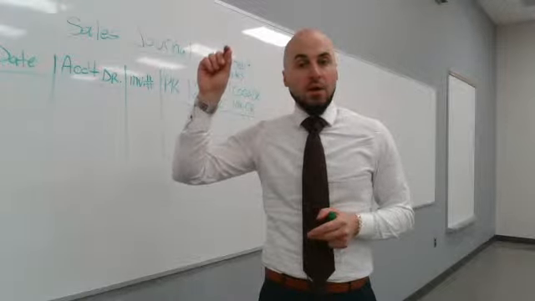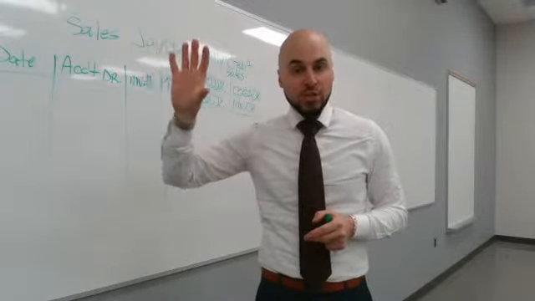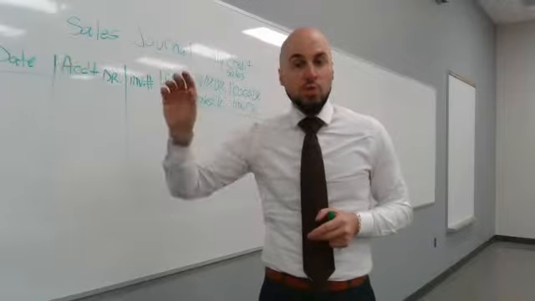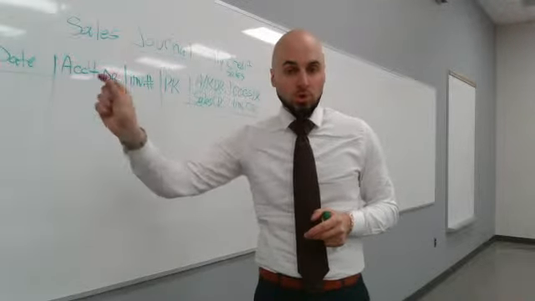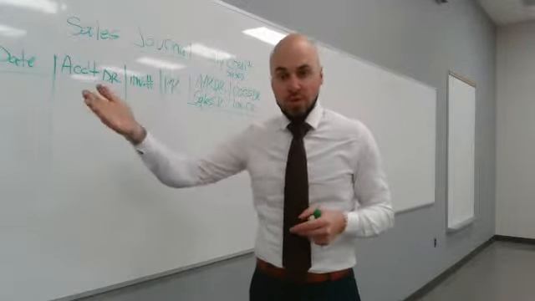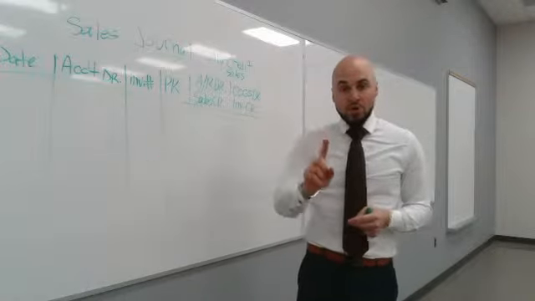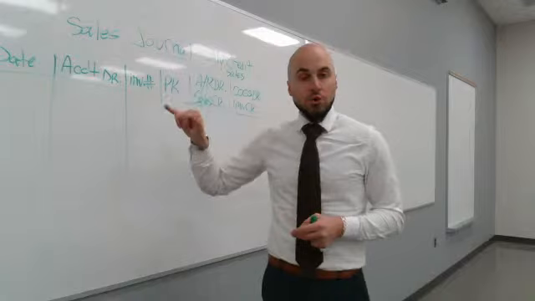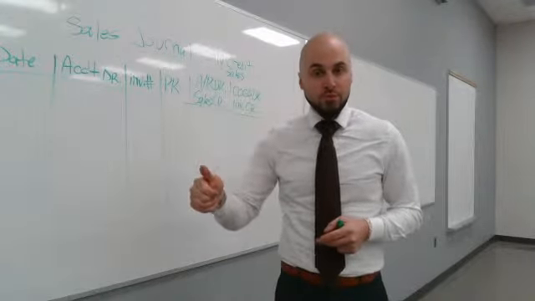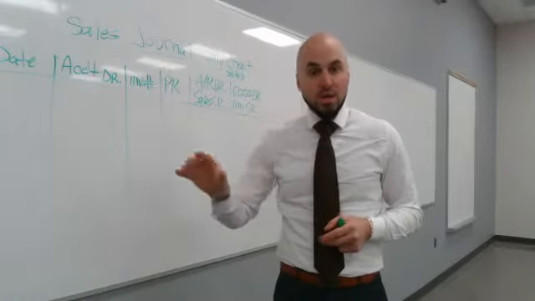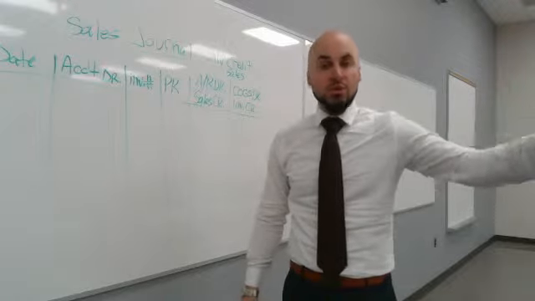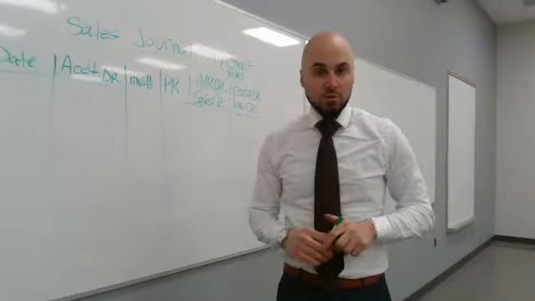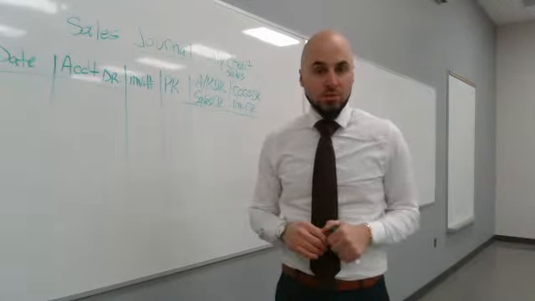And related to the sales and cash receipts journals, we have the accounts receivable controlling account. Because if you're making a sale on credit, your accounts receivable is increasing, and it's related to the sales. Accounts payable will be part of our purchases discussion and the purchases journal and cash payments journal.